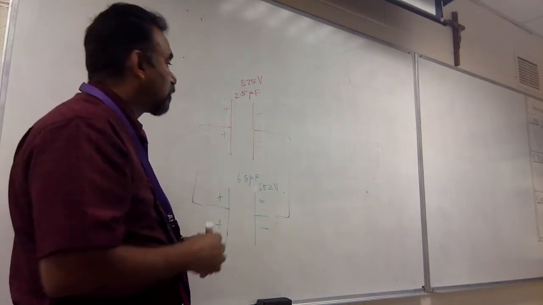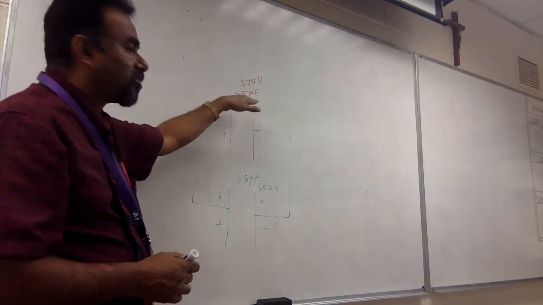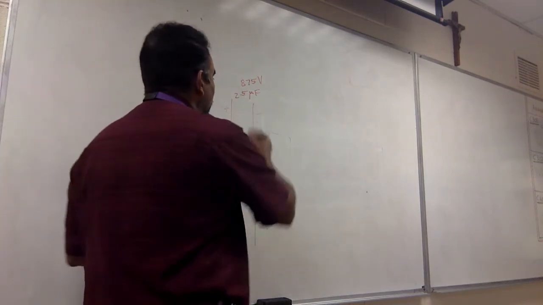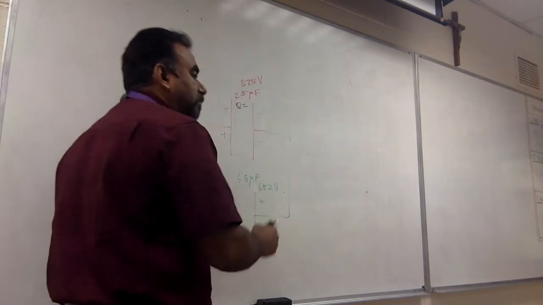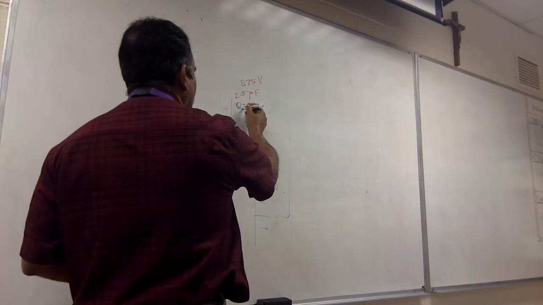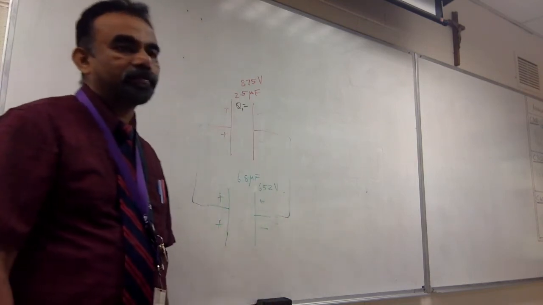Alright, before you go ahead with this one, we need to find out how much charge is sitting here. Can you find that out? What's the charge on this plate? What is Q here? Let's call it Q1. How much is Q1?